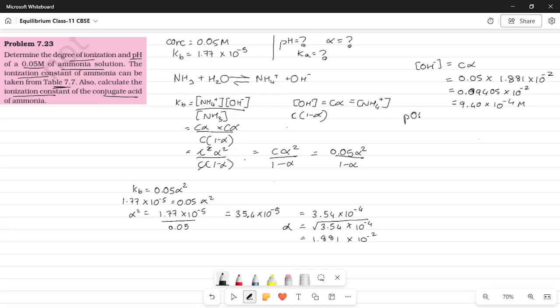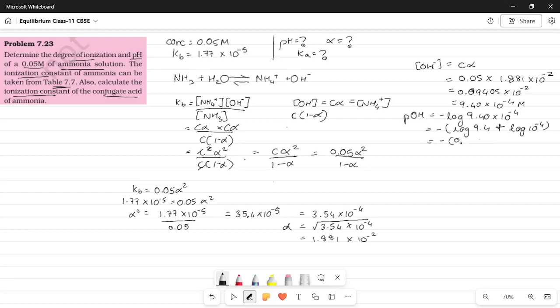So pOH will be equal to the negative logarithm of 9.40 into 10 to the power minus 4. Right, so this is equal to minus log 9.4 plus log 10 to the power minus 4.